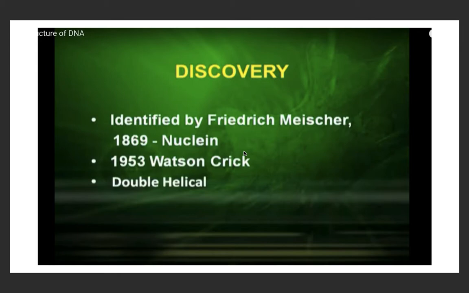The molecule involved in inheritance at the cellular level was identified by Friedrich Miescher in 1869, and he discovered the material as nuclein, the nuclear material present inside the nucleus.